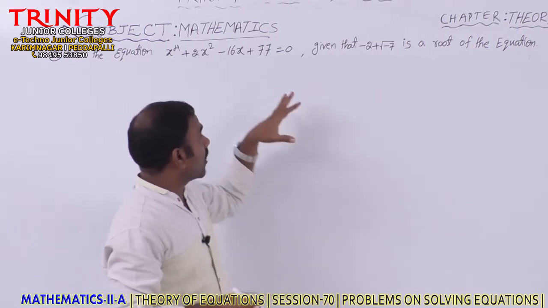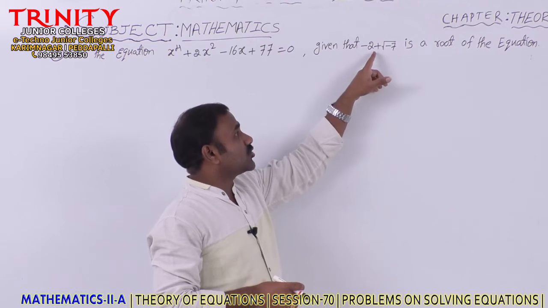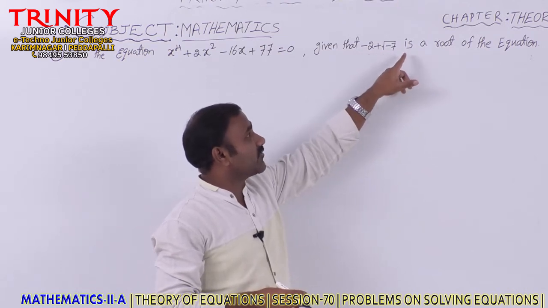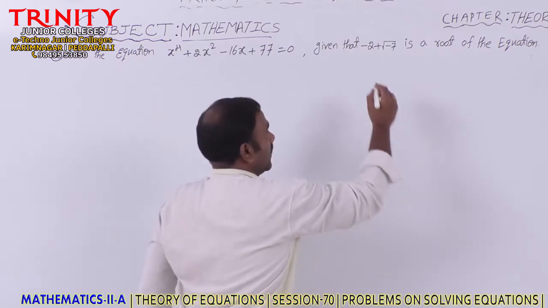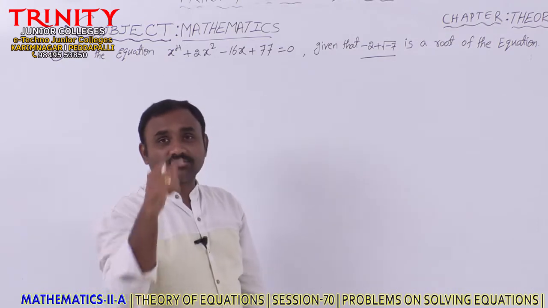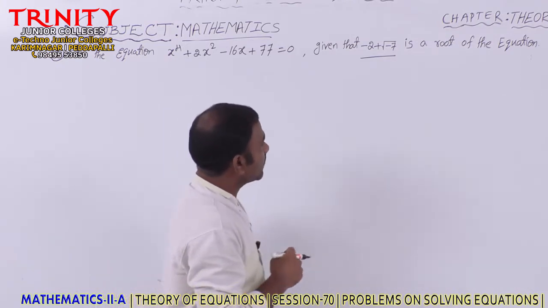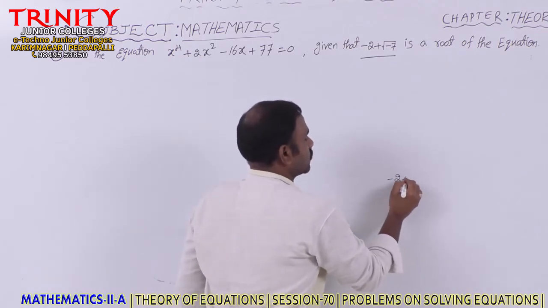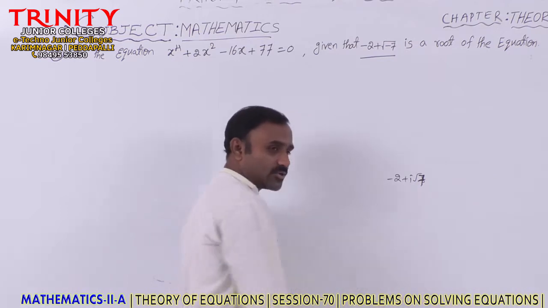In those 4 roots, how do we get the 4 roots? The given condition is that minus 2 plus root minus 7 is a root of the equation. Root of a negative value is an imaginary number or not? Means directly he did not give minus 2 plus i root 7 is a root.